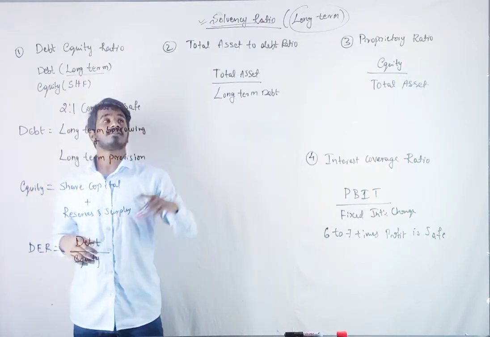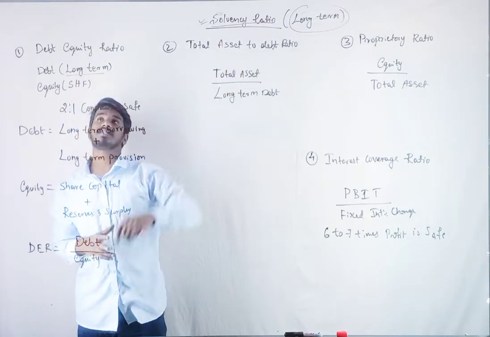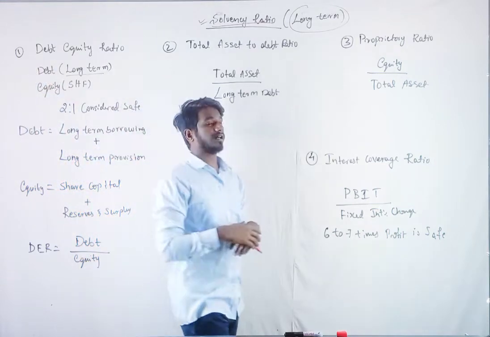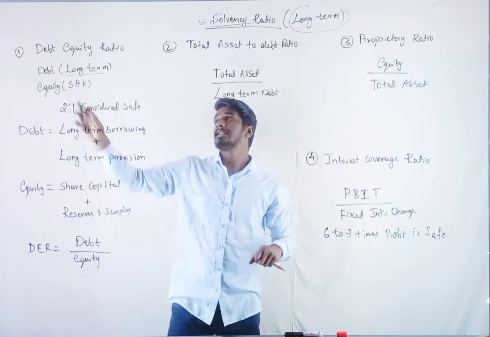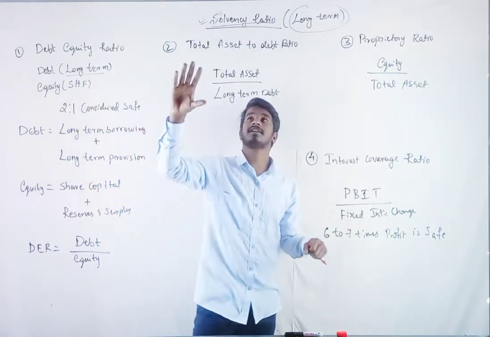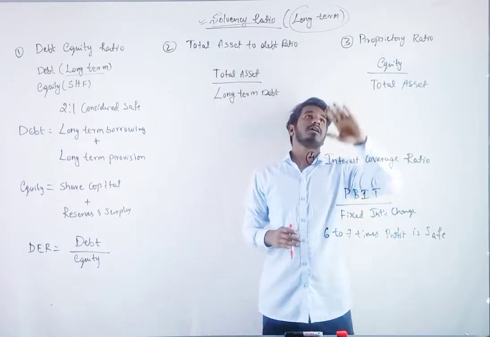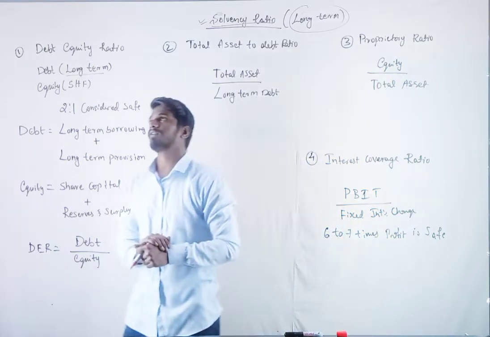Under our major ratio, solvency ratio, we have four sub ratios. First one is debt equity ratio. Second one, total asset to debt ratio, then proprietary ratio, and interest coverage ratio.